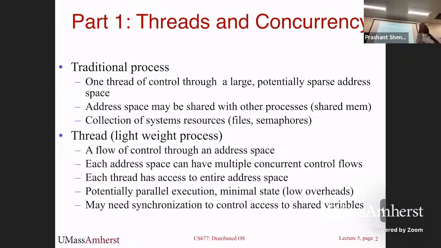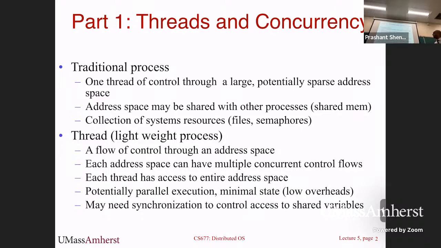The program is executing instructions sequentially. This sequence of execution is called a flow of control. That's the control flow through the program, how the code is essentially executing. Now, in a traditional process, there is one execution flow. There's one thread of control that goes through that entire process.